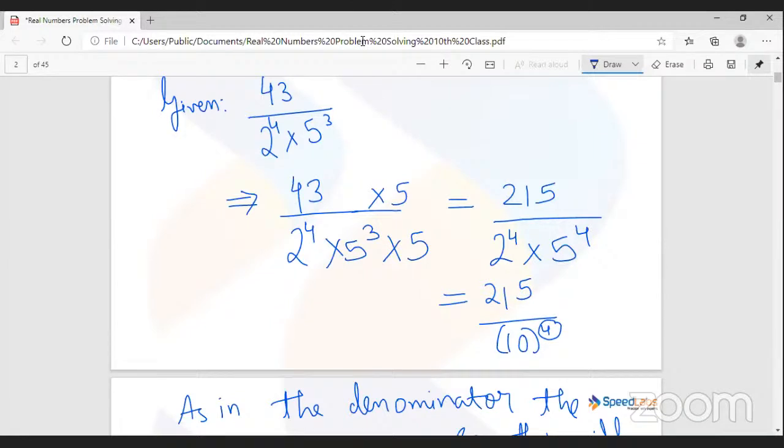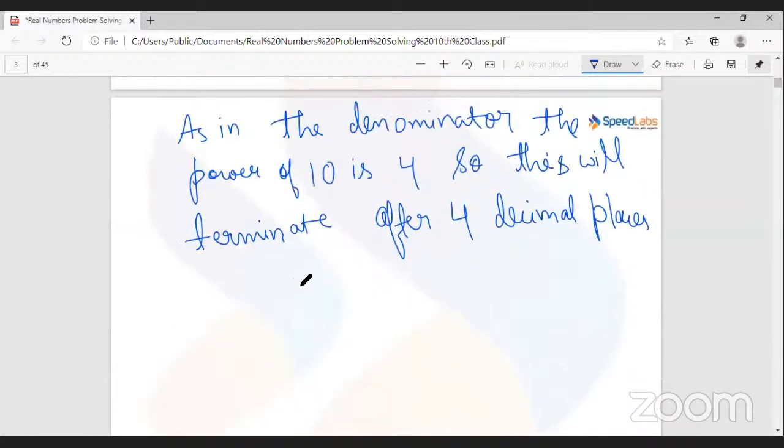Okay, ma'am. Thank you. Ma'am, why is it so? Whatever the power of 10 is, it decides the number of digits. Okay, why is it so? Suppose you have the number 2, and I divide it by 10. How can I write it in decimal form? 0.2.